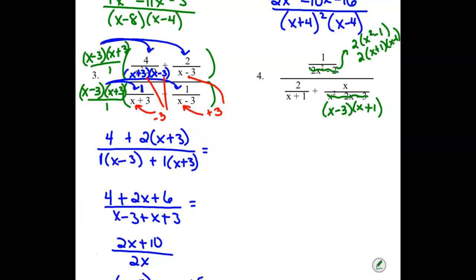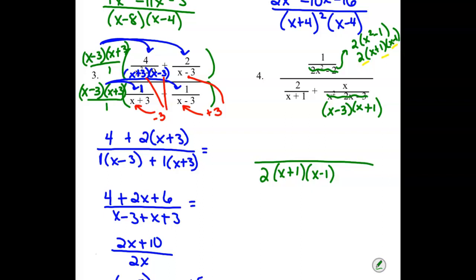So looking for all of my common denominator pieces, I would need to have a 2. I would need an x plus 1. I would need an x minus 1. Looking at this denominator, I already have the x plus 1 listed.